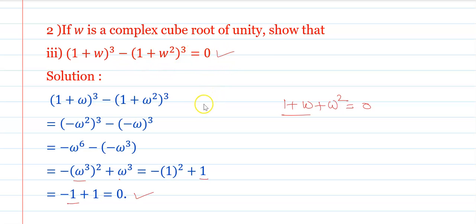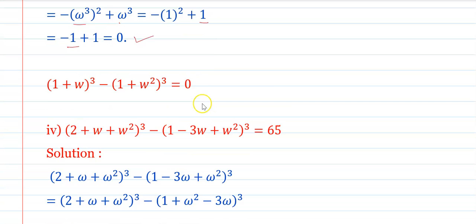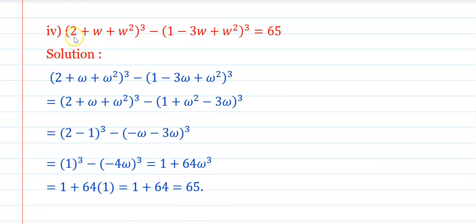Now the next is (2 + ω²)³ − (1 − 2ω + ω²)³, and that's equal to 65. पुन्हा इथे that is (2 + ω²)³. We'll rearrange the terms, ही 1 + ω² आपण इथे लिहिलेला आहे, minus 2ω.